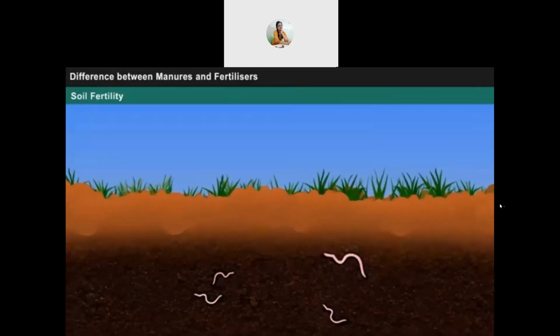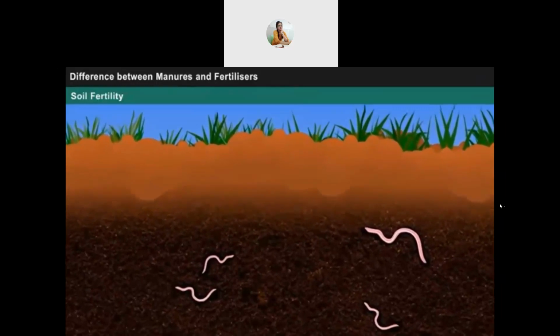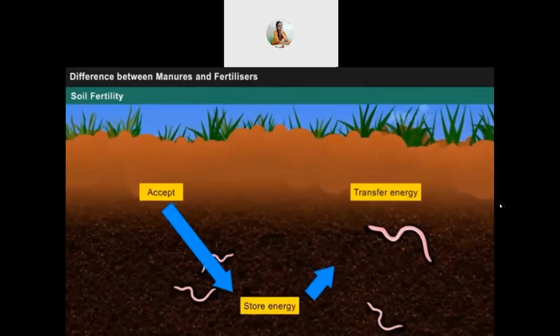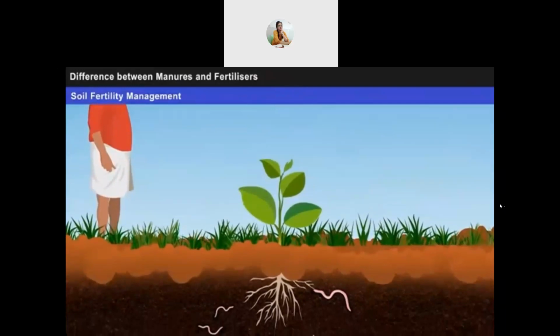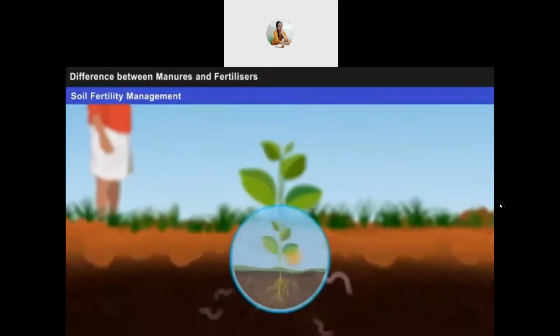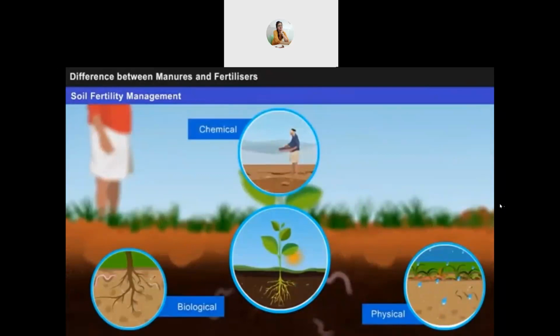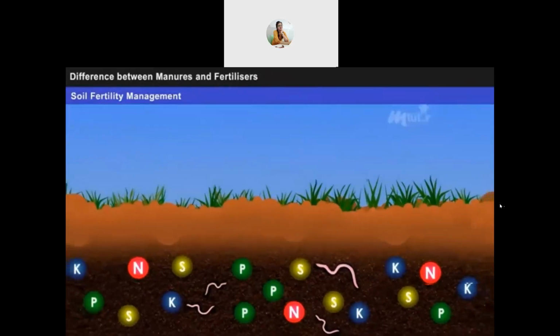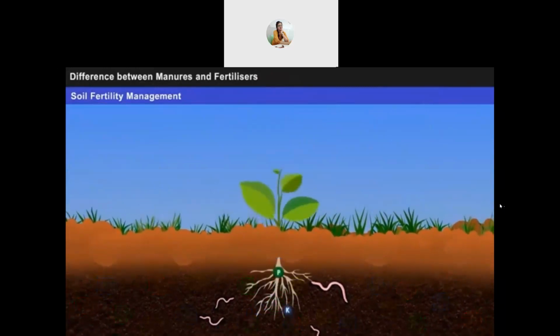Soil fertility. Soil fertility can be defined as the ability of the soil to accept, store, and transfer energy in order to support the growth of plants. Soil fertility management. The study which deals with the management of physical, chemical, and biological components of the soil to know its current nutrient status and the capacity to provide nutrients in order to increase the fertility of the soil is known as soil fertility management.